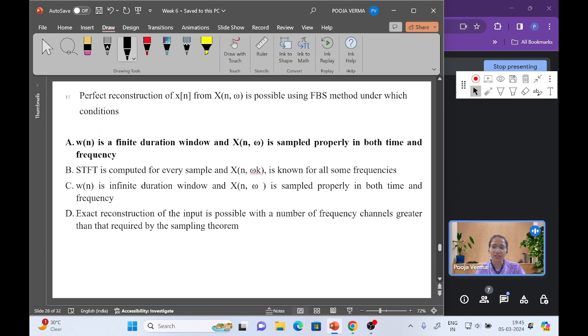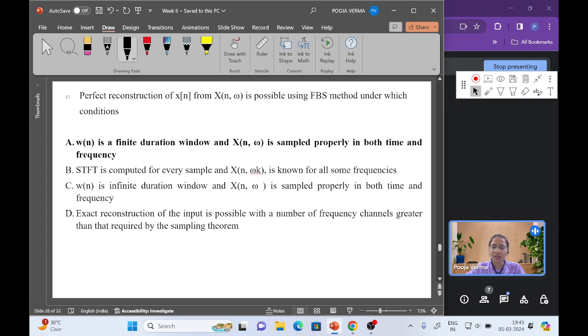Option B: STFT is computed for every sample, and x of n, omega k is known for some frequencies. Option C: w of n is an infinite duration window, and x of n, omega is sampled properly in both time and frequency. Option D: exact reconstruction of the input is possible with a number of frequency channels greater than required by the sampling theorem.